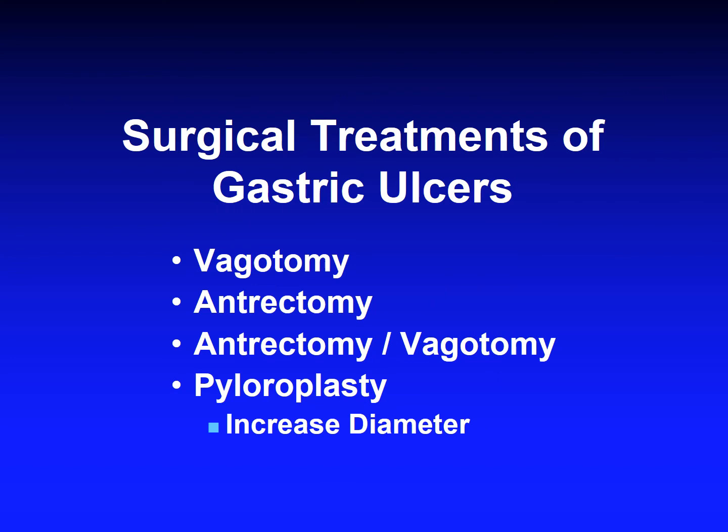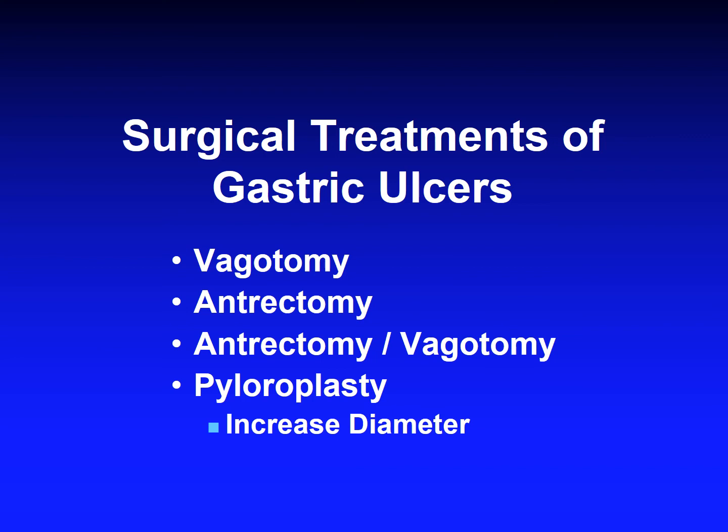A surgical treatment for gastric ulcers is vagotomy, selective branch vagotomy. We've talked about it before, and we utilize that sometimes if we are not able to control gastric acid secretion via the medical means, meaning blocking the histamine 2 receptor or blocking the CCK2 receptor.